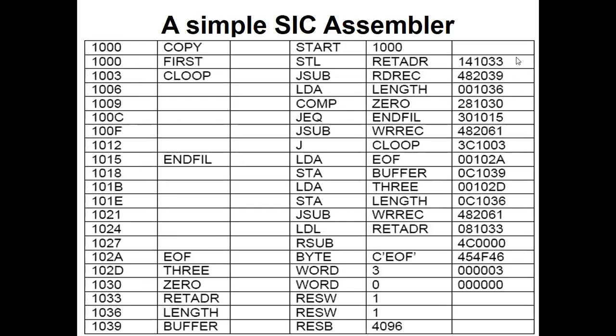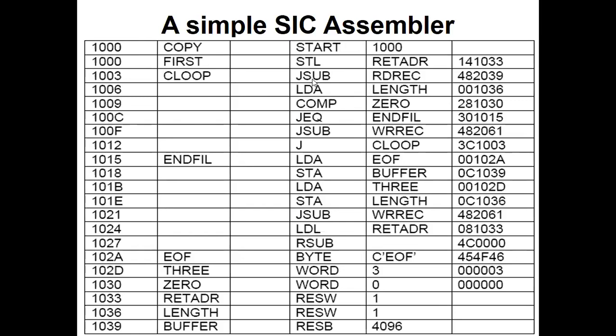And then the last column here is showing the machine code. You remember we said that for every assembler language instruction, there is an equivalent machine language instruction. So the instruction STL or return address, its machine language is that.